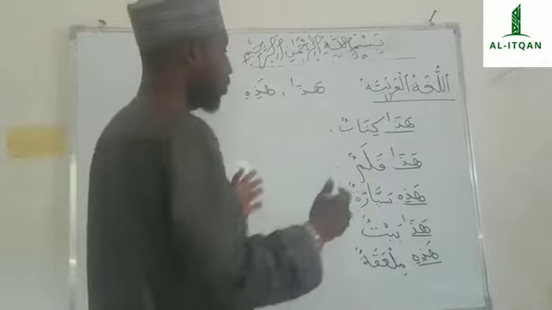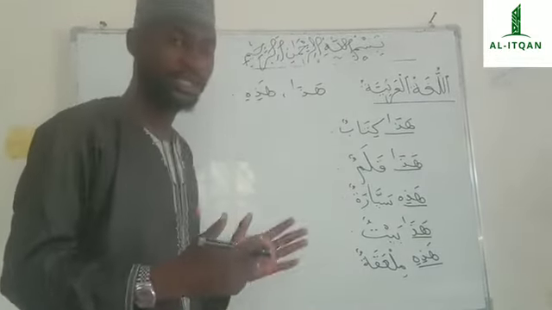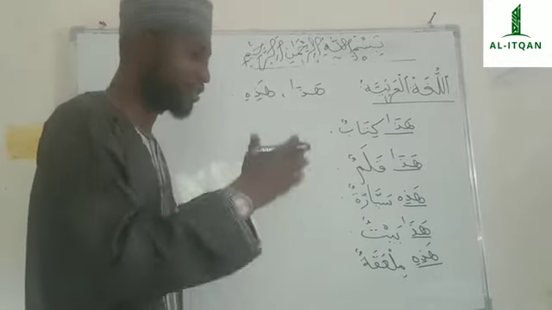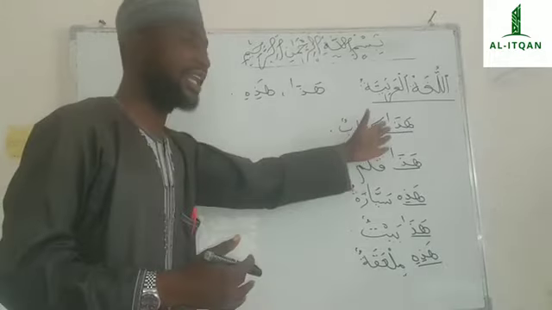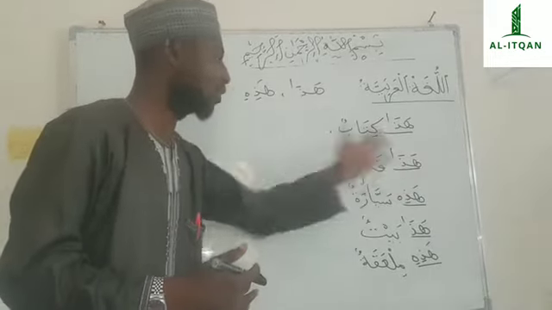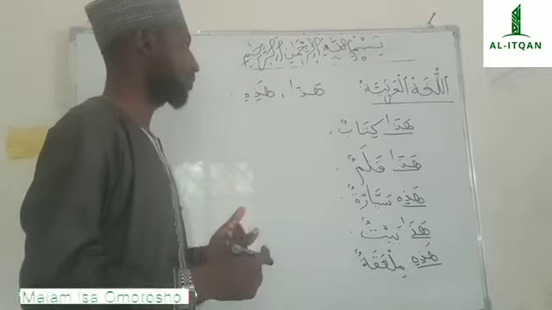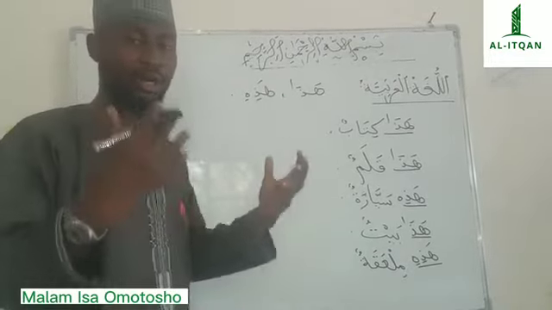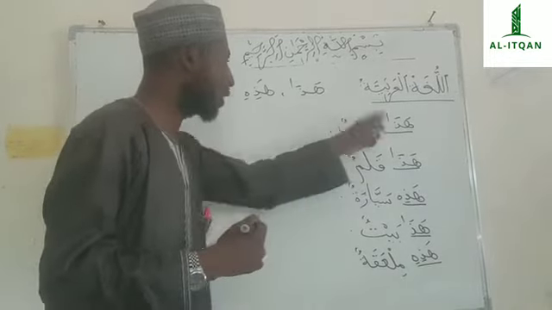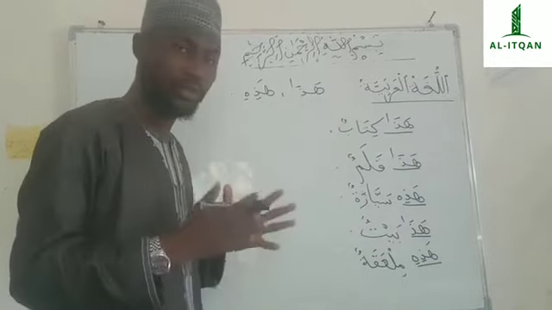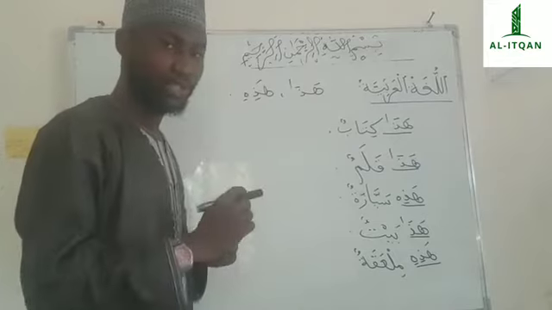Now, we want to change these nouns. Since we are saying these ones are singular, we want to change them from singular to dual to plural. How do we apply our demonstrative pronouns with them from singular to dual to plural? I said the other day that if you want to change your demonstrative pronoun, you have to consider your noun very well. For example, you have two books.